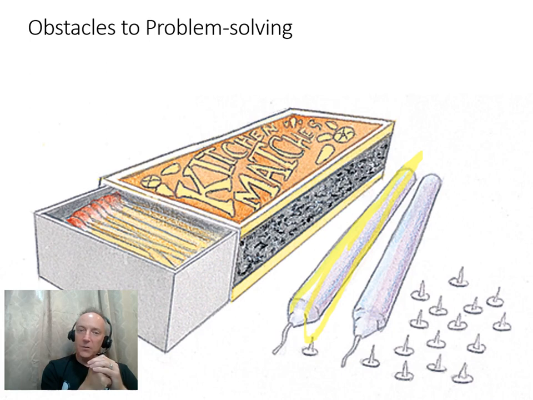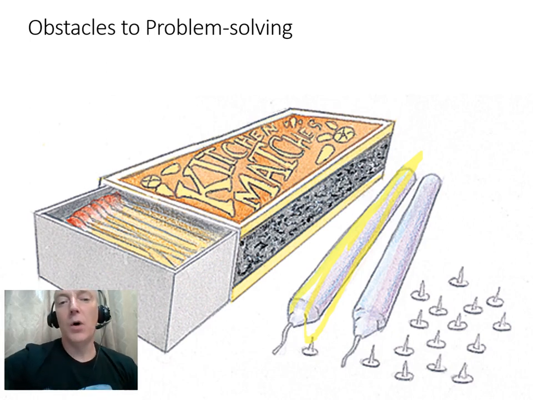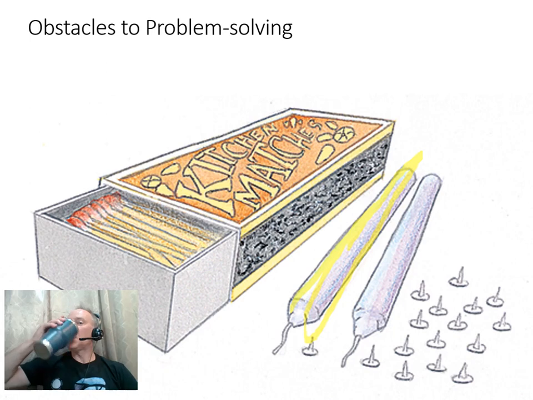So think for a moment about how you could use these objects before you to solve that problem, to safely mount the candle to a wall so you could light up the dark room without catching the wall on fire.